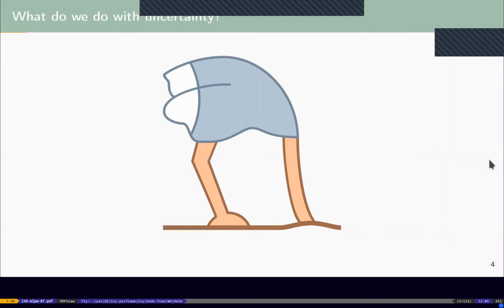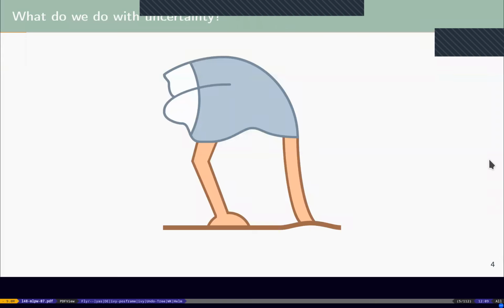That's the key thing. It should be thought of as whatever quantification you have for decision making. In the end, you have to make a decision. Then the uncertainty might not be something that you actually use for prediction, but it's very important.